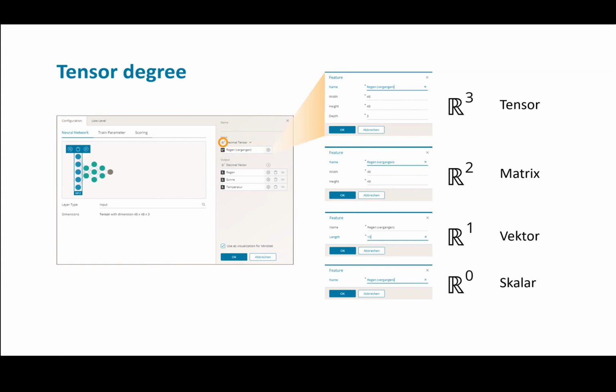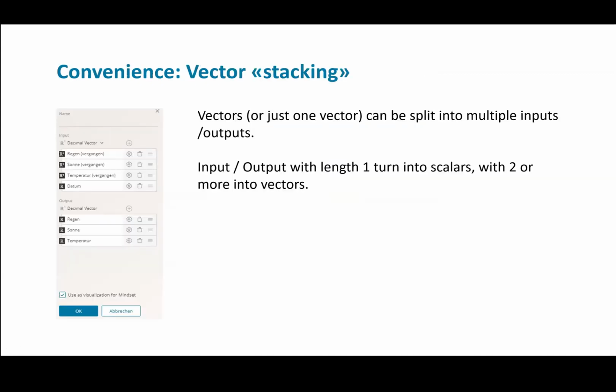You can configure that and also pass this into a network with us. For today's session, we'll probably only need scalars, but we'll see. There's also vector stacking. You can say you want to calculate upon a vector, but you have 5 different scalars, so you can just stack them on each other, like you see here. If you need it, we can come back to it later.